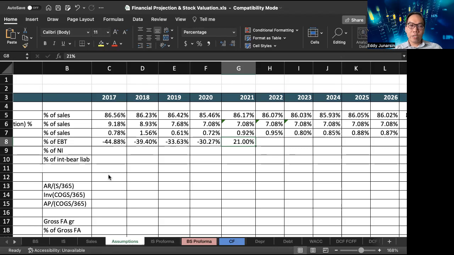So again, projection doesn't have certain rules to comply with. These are arbitrary decisions by the appraiser, by the consultant, or by us ourselves as entrepreneurs, or whoever or whatever entities are making the projections.